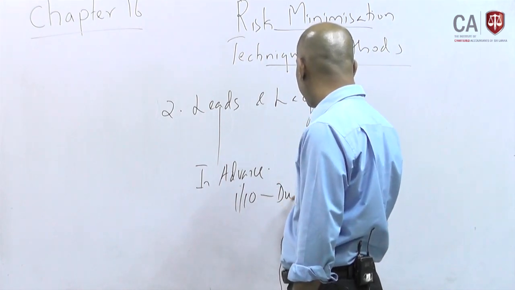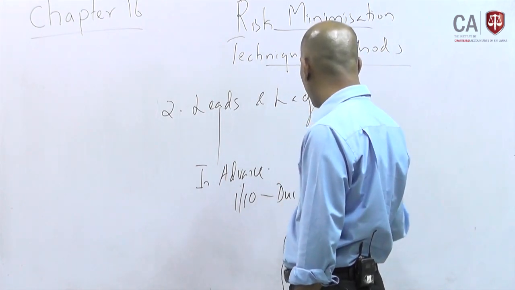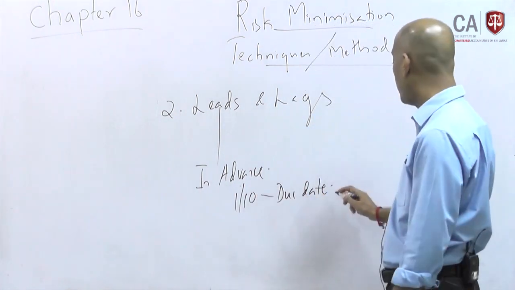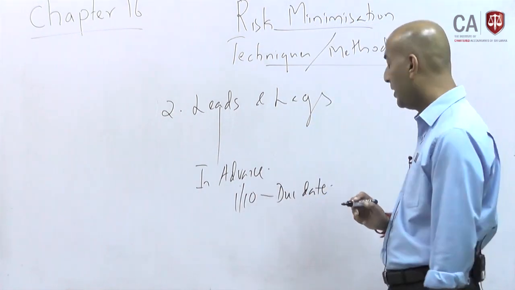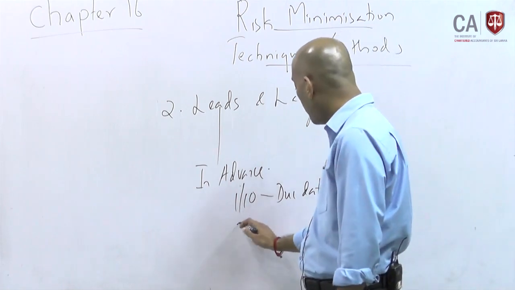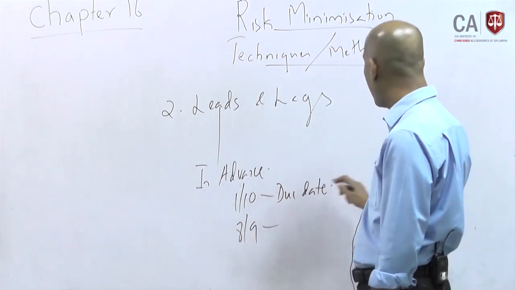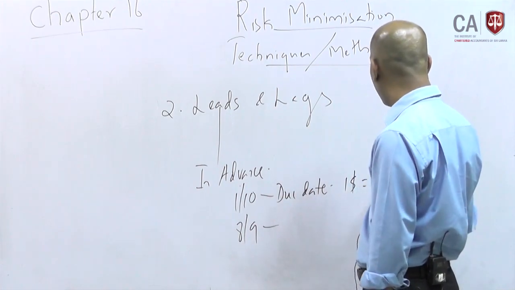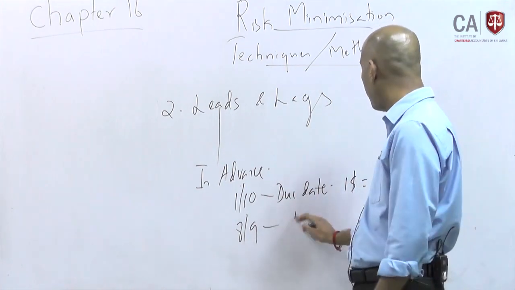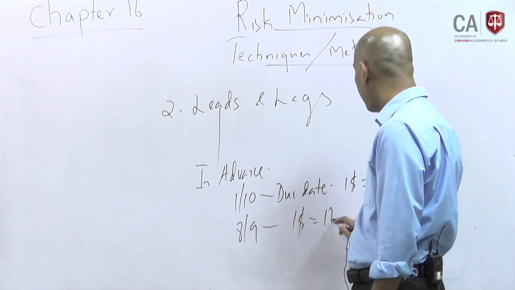Your due date for the supplier payment is 1st of October. Today or tomorrow, say for example 8th of September, your dollar can be 183, while on the due date your dollar can be say 185.